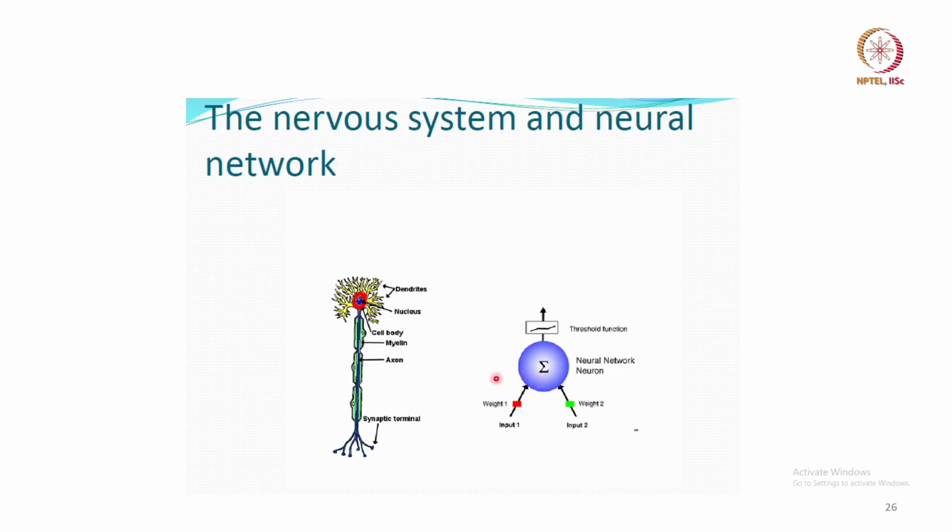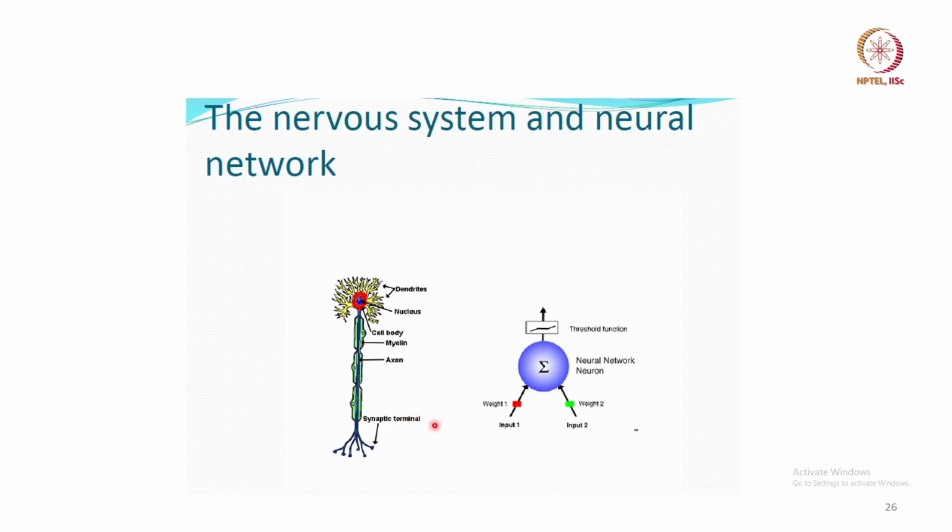You can see the parallel between your neural network and the human nervous system. The neuron that you have here is something like the node that we have over here, and you have the input coming into the node. Similarly, you have the input coming in through the dendrites, and you have the output coming out through the axon and going through the synapse. That is where you have the threshold function.